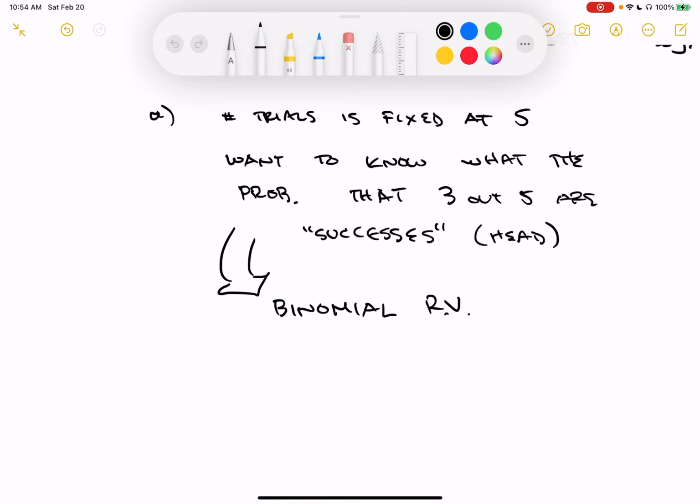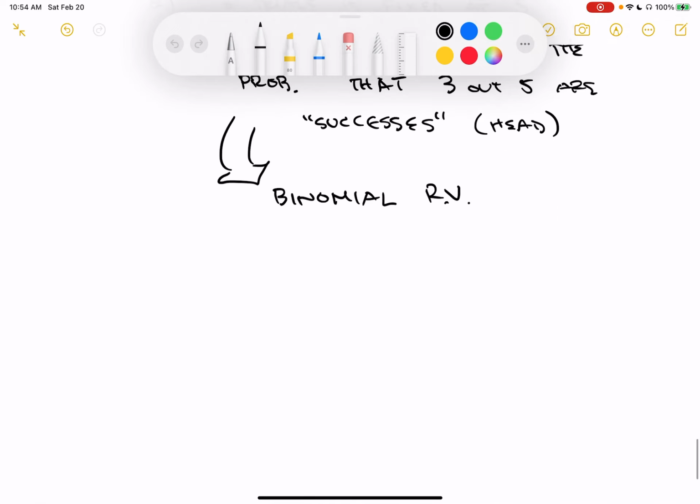We've got a fixed number of trials and we're trying to count a certain number of successes. So if I use that binomial random variable's probability mass function, what am I going to do? I'm going to look at what's the probability that x equals 3, and you can think of that given n equals 5. So we're going to set that parameter, right? We had a parameter in the binomial distribution.